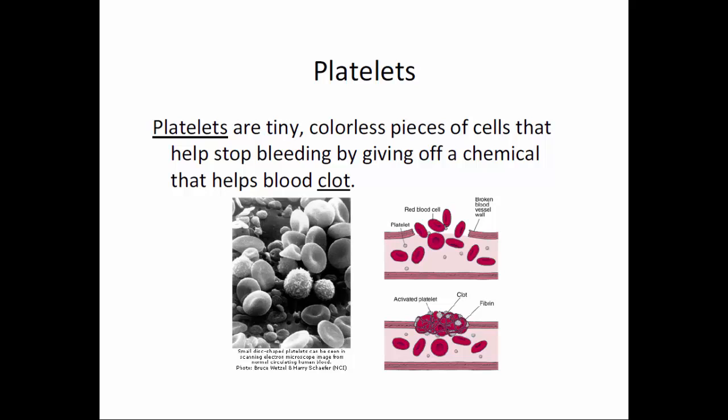So platelets don't do anything until it comes time to work on dealing with an injury. So when we have a cut, we'll see blood clots that will help to stem the flow of blood so that we don't bleed out. Notice that platelets are pieces of cells, they're not cells themselves.